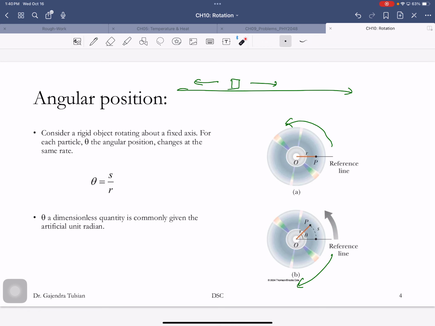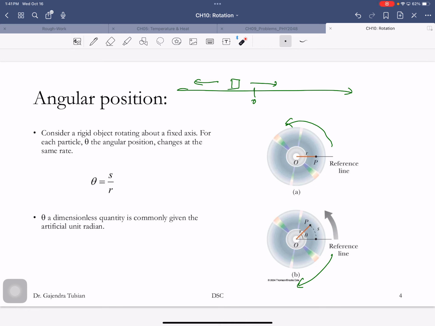And just like you measure distances relative to an origin, we'll measure angles relative to a reference line. We'll call that the x-axis or whatever you want to call it. This is the reference line, and we'll measure the angular position with reference to that.